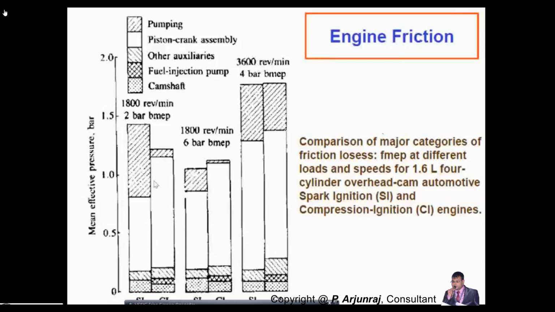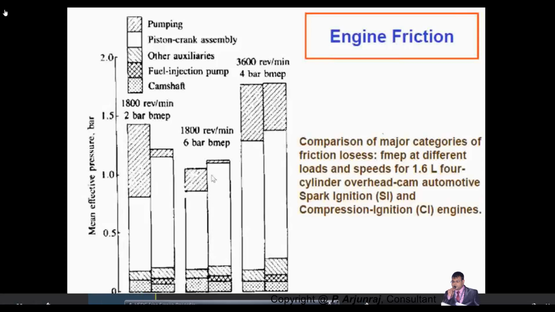In the two cases, we have found the pumping loss is higher in the case of the SA engine. Even here, it is going to be higher, but marginally. You can see that even in the case of the CA engine the pumping loss is going to increase.